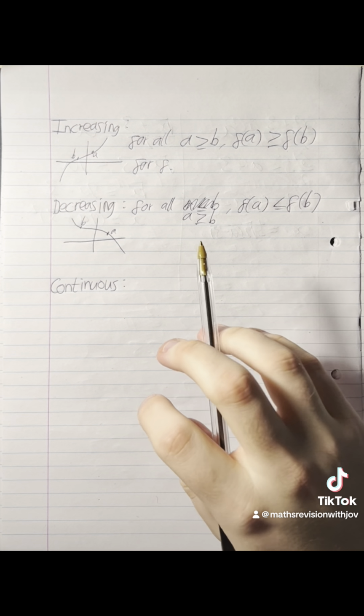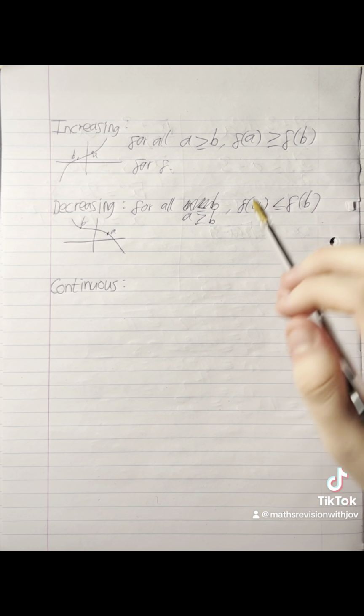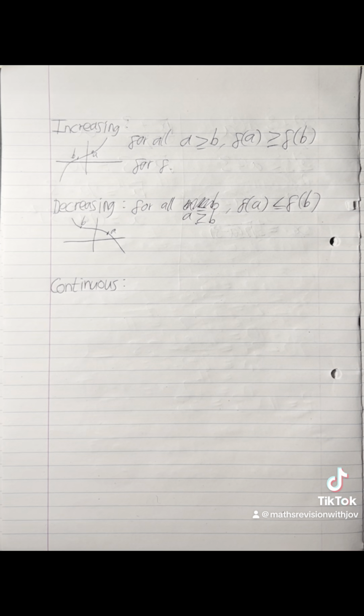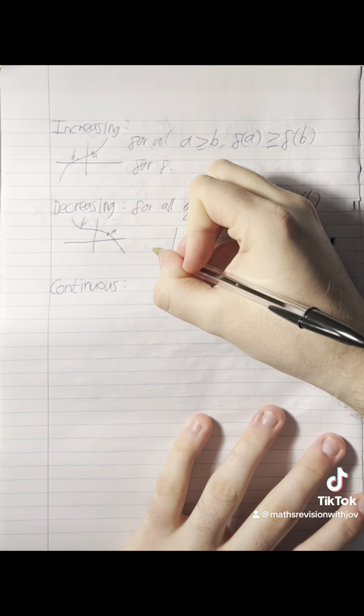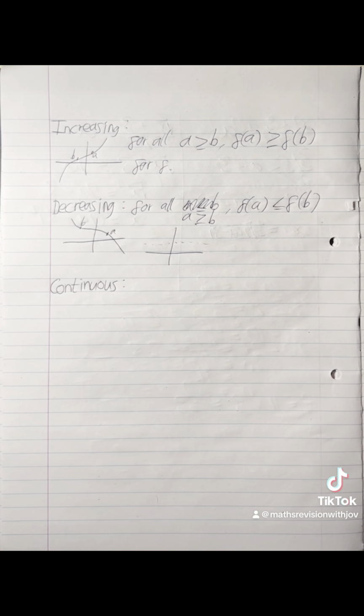Notice that a function can be increasing and decreasing in the case that f of A is equal to f of B at all points, but in this case we just have the constant function. Like it's not interesting at all. So that's the only case where we would have it being increasing and decreasing. Otherwise, functions are increasing or they are decreasing, but it's worth noting that they can be increasing at certain points and decreasing at other points.